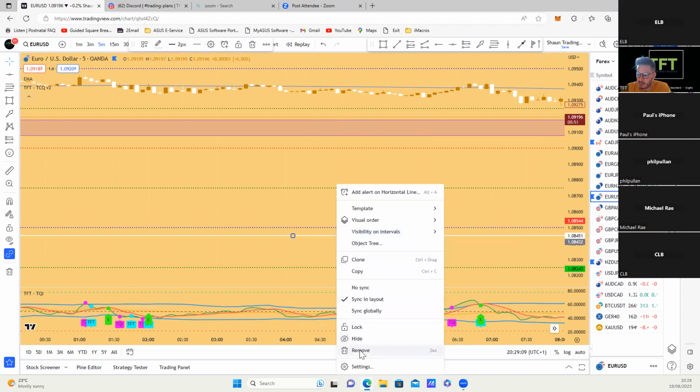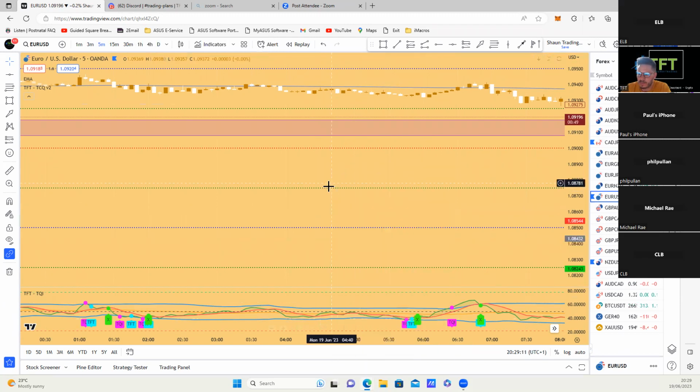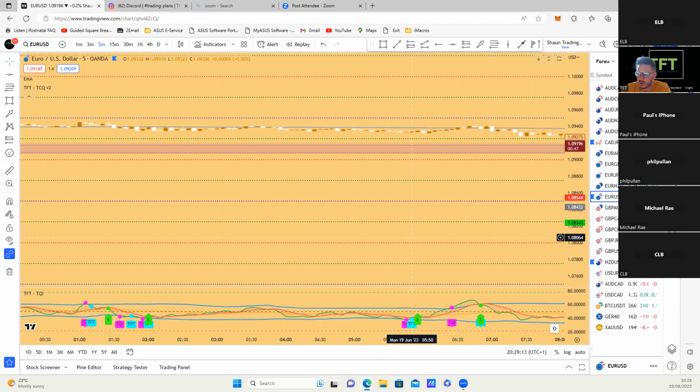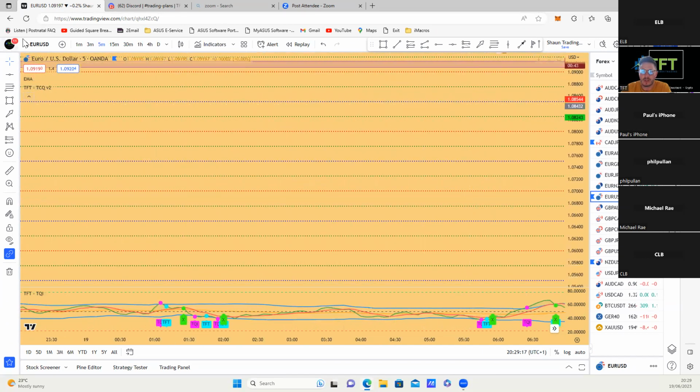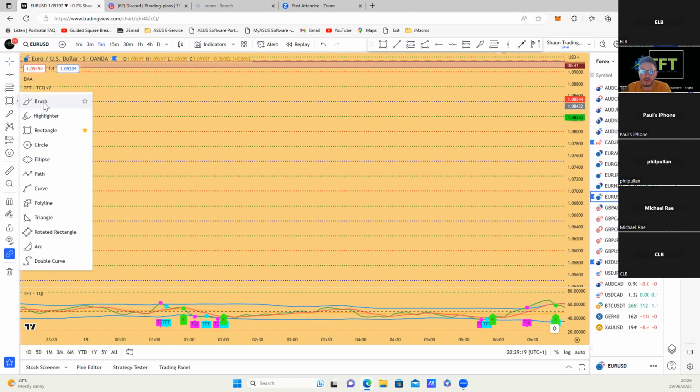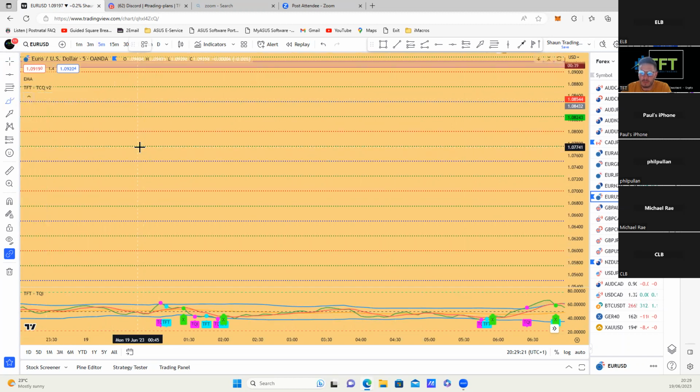So generally on a larger time frame, you'll get a nice structure. I'll show you here. On the 1 hour, say it comes up, this is your top. It'll come down and break the structure, creating a new low.